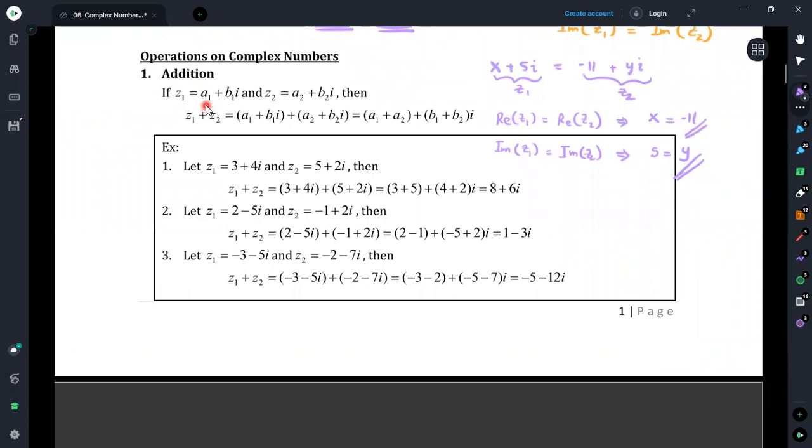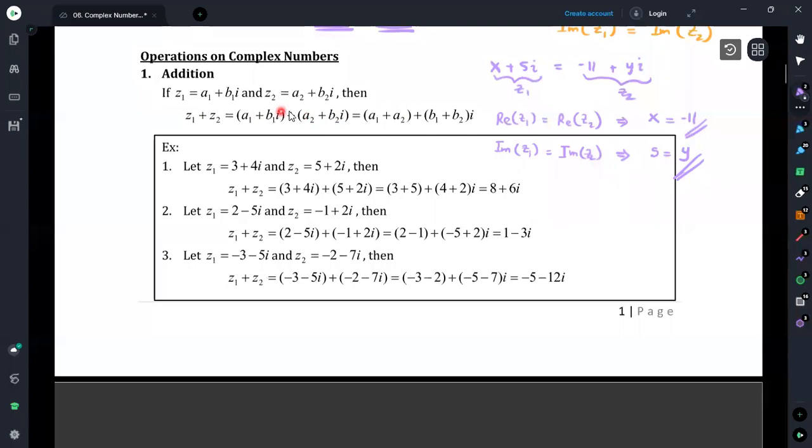To add the two complex numbers, the addition can be written in this way: Z1 plus Z2, where Z1 is a1 plus b1 times i, added to a2 plus b2 times i.